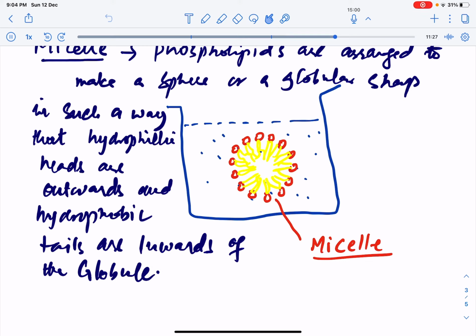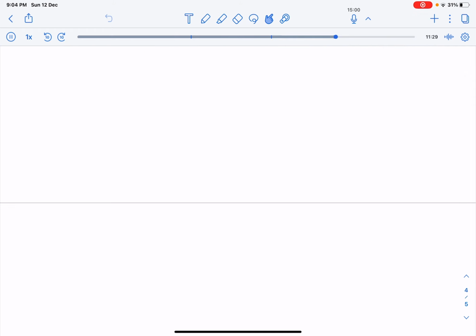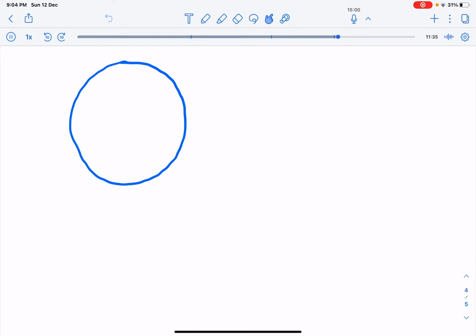In an animal cell, there is cytoplasm on the inside, and there may be tissue fluid on the outer side. Both of these fluids, cytoplasm and the tissue fluid, contain water.